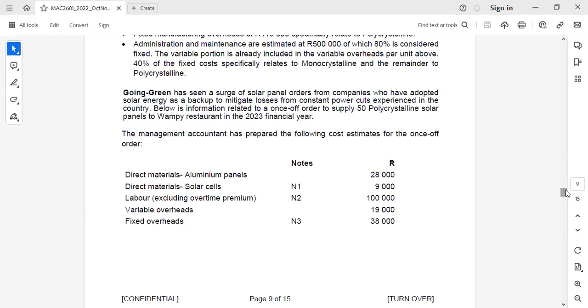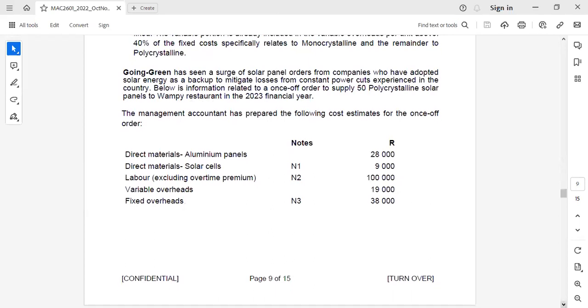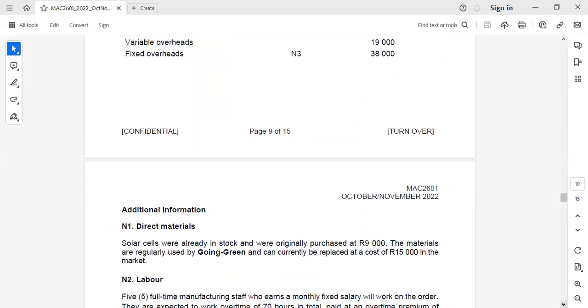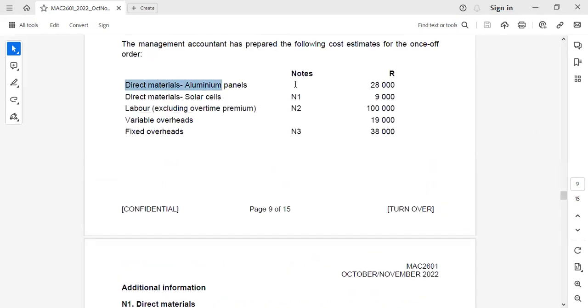The management accountant has prepared the following costing estimates for the order. Direct materials, aluminum panels, 28,000. If there is no story, I think we'll just take them as they are because they didn't say anything here. So we'll say direct materials, aluminum panels.